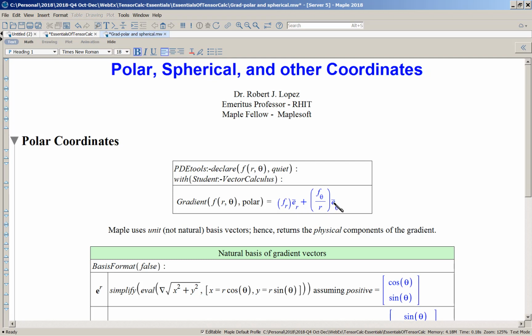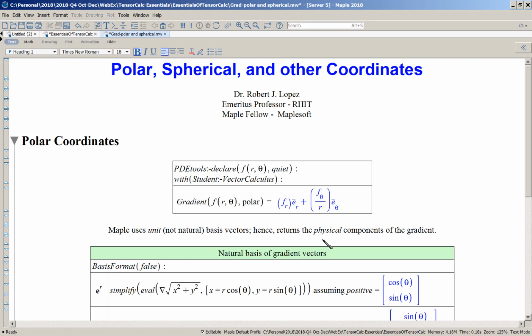These basis vectors are unit vectors. They are not the natural basis vectors. These components that are in parentheses are called physical components.